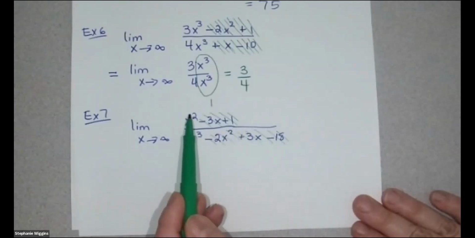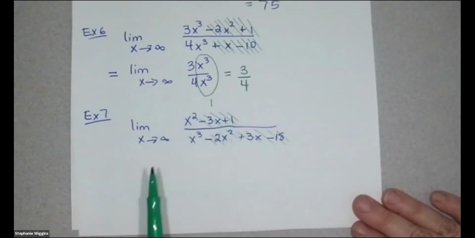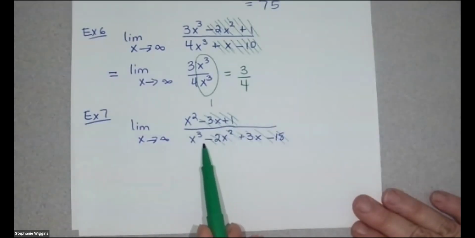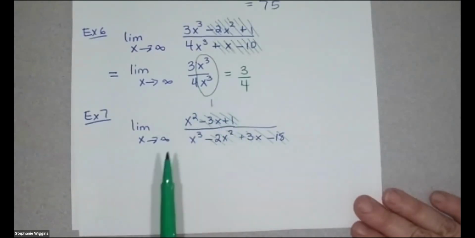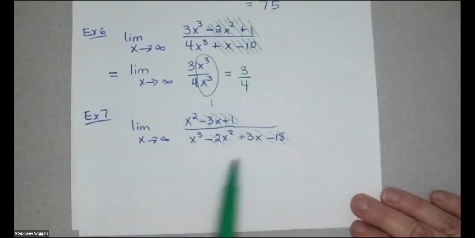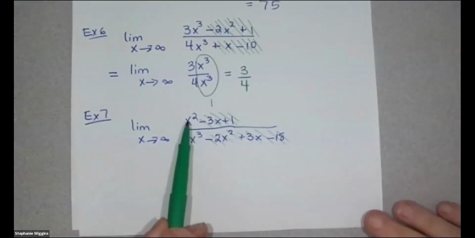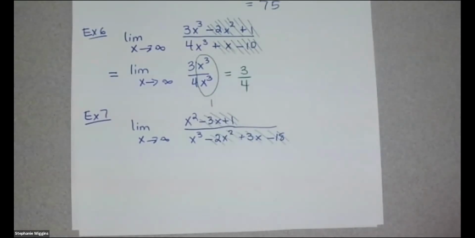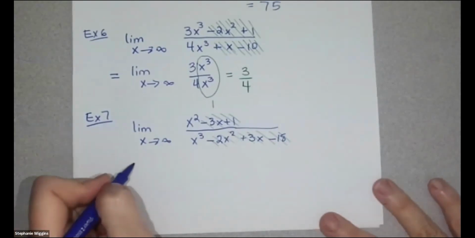X squared is way more powerful than negative 3x plus 1. Same here for x cubed, way more powerful. So think of it this way: the numerator is one team, and the denominator is another team, but these two dominate on the team. They're going to determine the outcome of the battle, okay? Well, obviously, this guy down here is way more powerful.